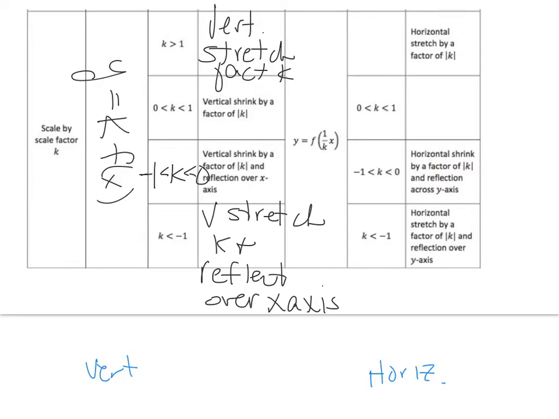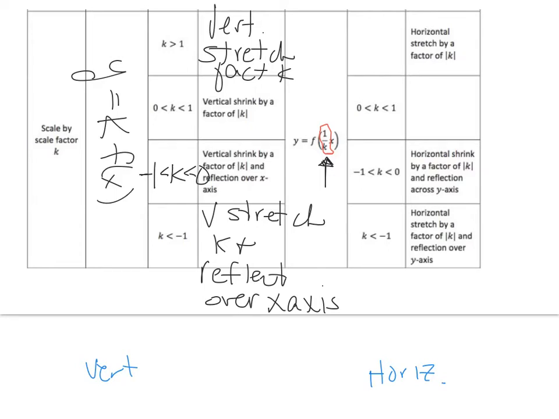Now here we see that y equals f of 1 over k x. So when your factor is on the inside of your function, that's the horizontal one, which is harder. We have to do a little bit of work with that one to get our information.